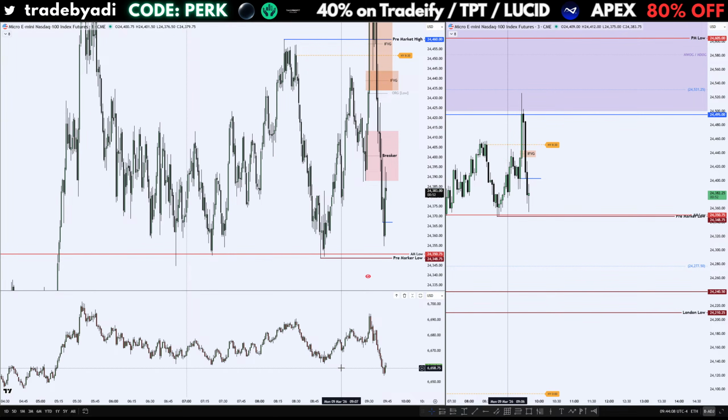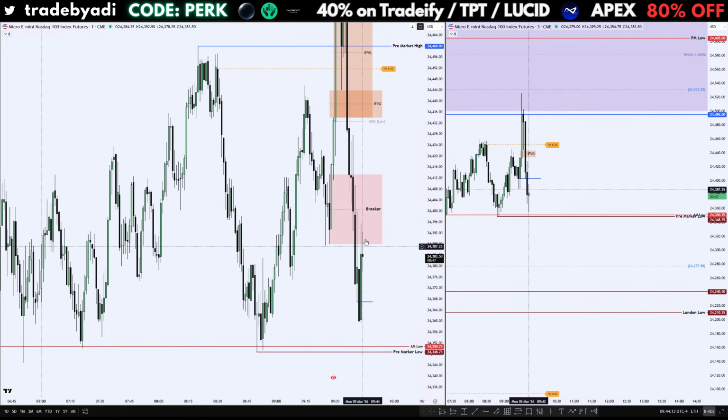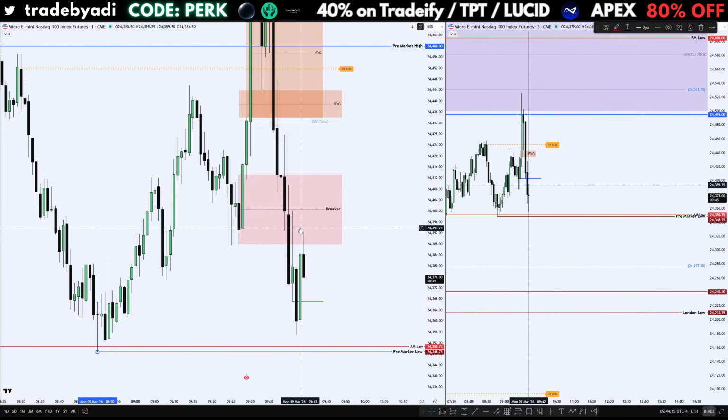You can book something also, but I'm still thinking that we are going to hit this low. I'm expecting on this candle only that we break this low and attack this low, the AM session low.